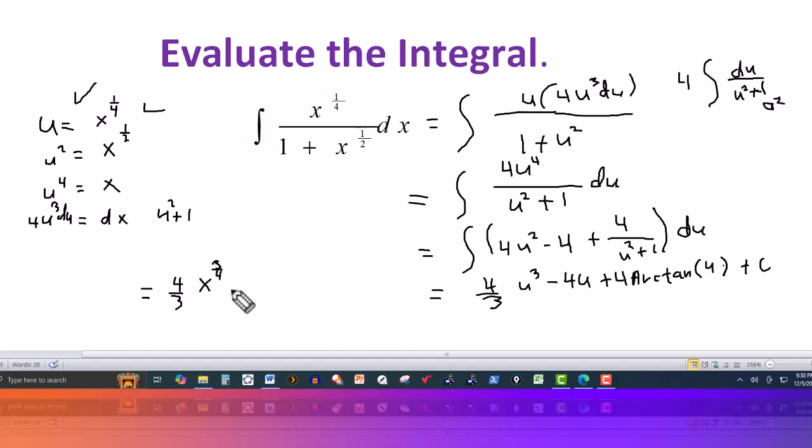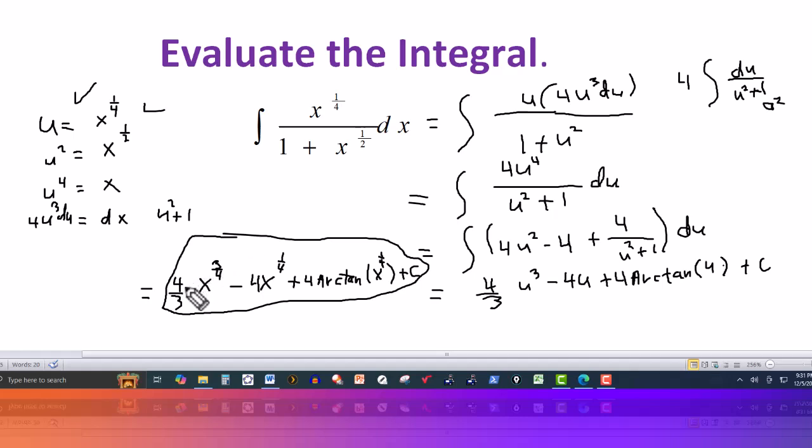And then it's a minus 4 times u, but u is x to the 1/4. And then it's plus 4 arctan of u, but u is x to the 1/4. And then it's plus the constant of integration.